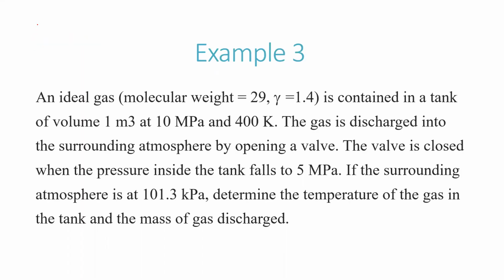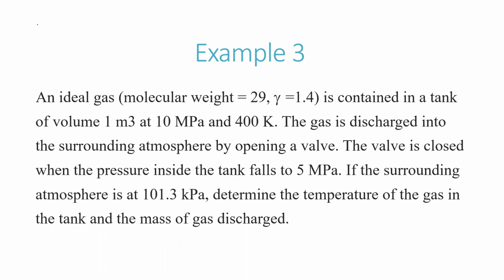So number of moles is equal to PV by RT. That is equal to 3.007 kilomole. Pressure was 10 megapascal, that is 10,000 kilopascal. And after that, volume was given and temperature was given. So we have 3.007 kilomole.